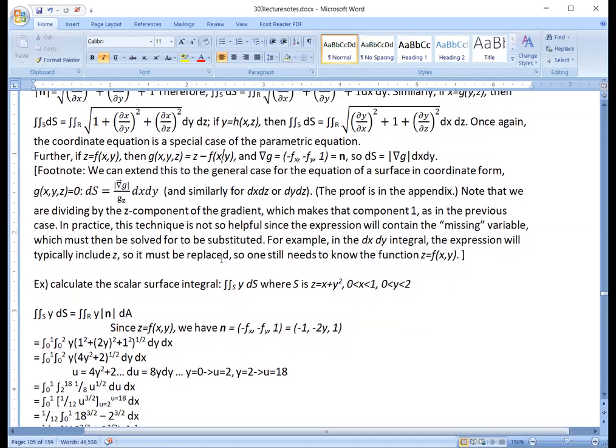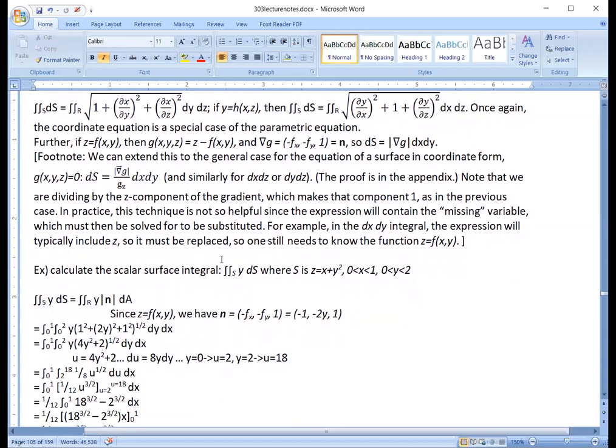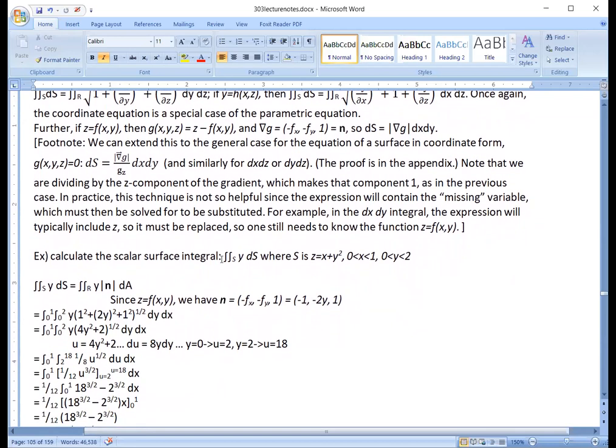Plugging that in, you get the 1/12 pulled out in front, and you get 18 to the 3/2 minus 2 to the 3/2. Now I have to integrate that from 0 to 1 dx, so that's just that thing times x from 0 to 1. So you just get 1/12 times 18 to the 3/2 minus 2 to the 3/2.